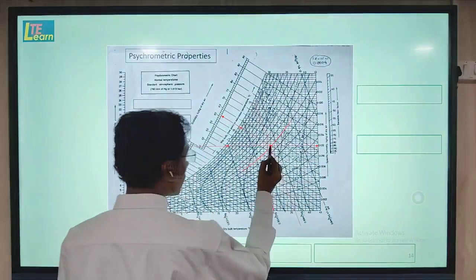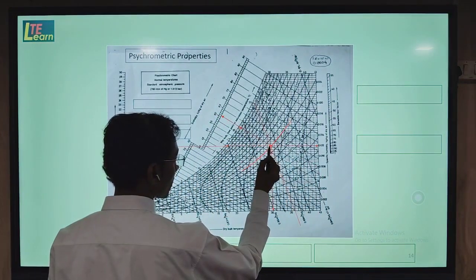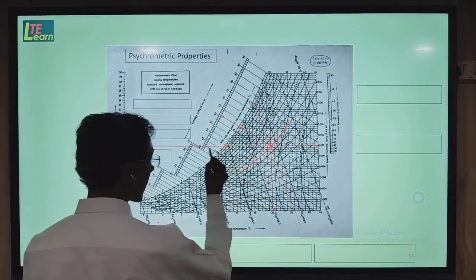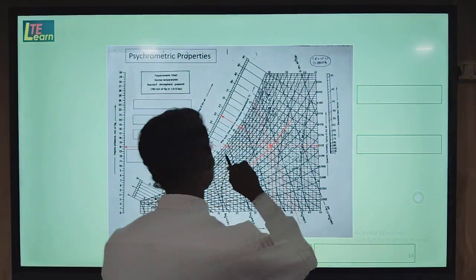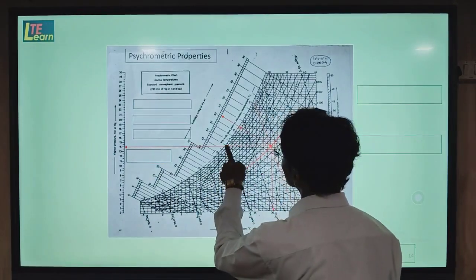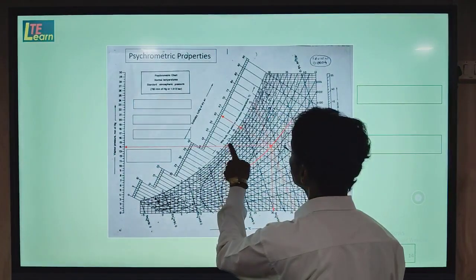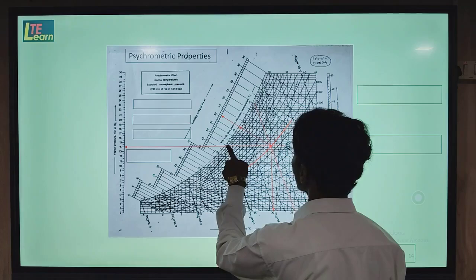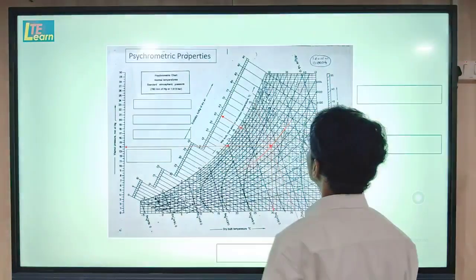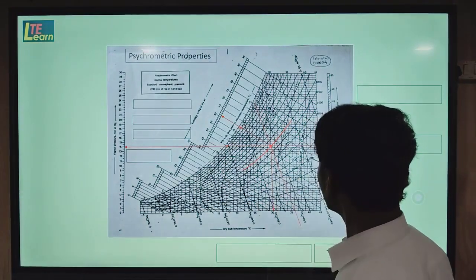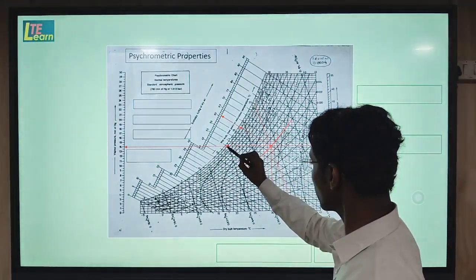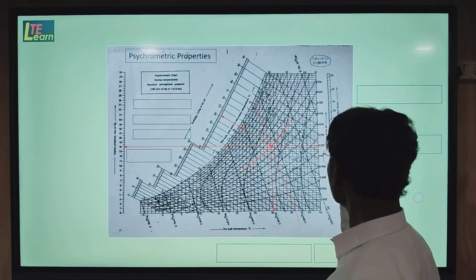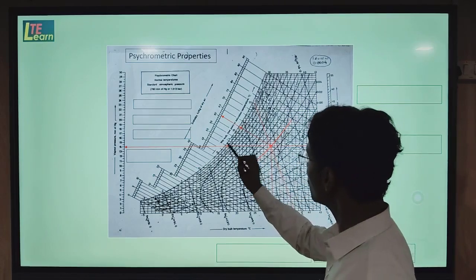Now if you take this reference on the left side, on the saturation curve you will find a temperature. This temperature will be the dew point temperature. So in this way we found three types of temperature: vertical lines for dry bulb temperature, the right side for wet bulb, and the left side for dew point temperature.